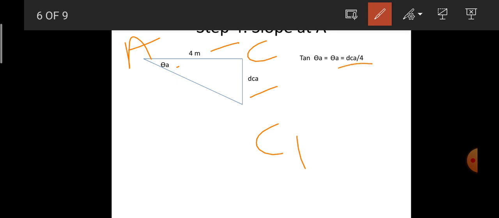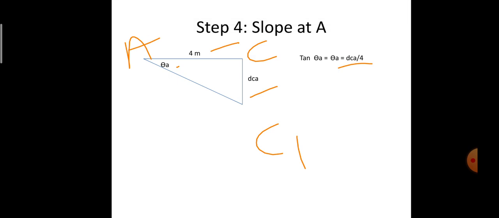Since theta is very small, tan theta A can be equated as theta A itself. By the previous slide calculation, I have got the DCA value as 53.33 divided by EI. Substituting that, I'll get theta A as 13.33 divided by EI. So this is all about the calculation of slope at point A.